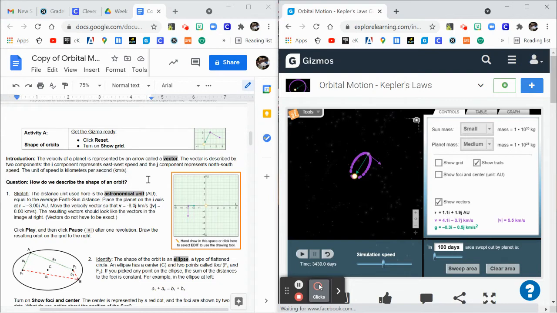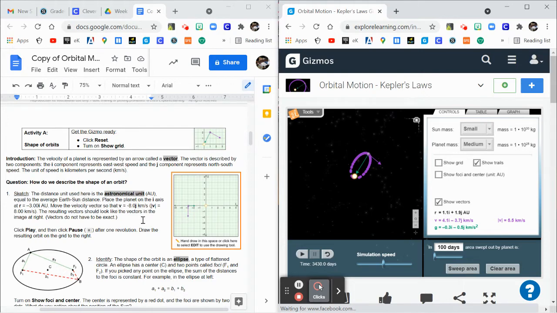How do we describe the shape of an orbit? The distance unit used here is the astronomical unit, equal to the average distance from the Earth to the Sun. That is what an astronomical unit is.